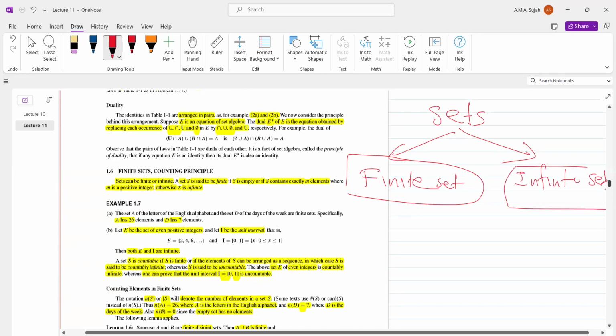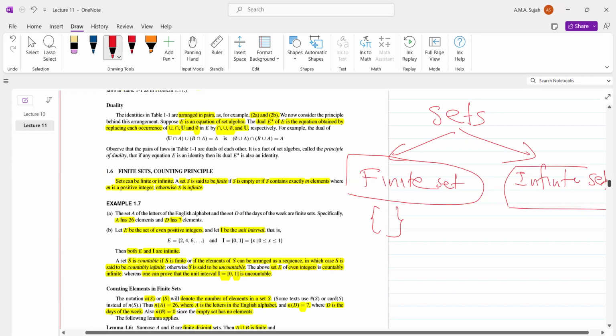All the sets we can divide into two, finite set or infinite set. If it is a finite set, it can be a null set, right? Null set means the set has no elements, right? If a set is without elements, we can say that is a finite set.